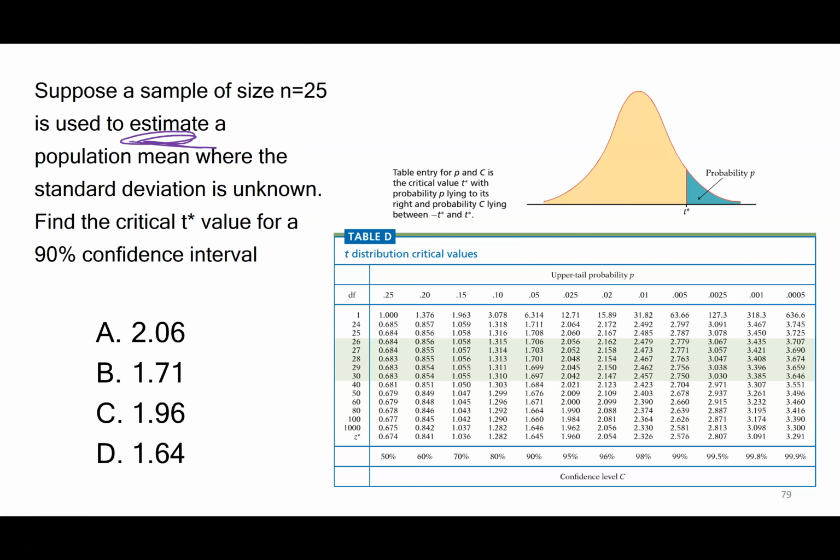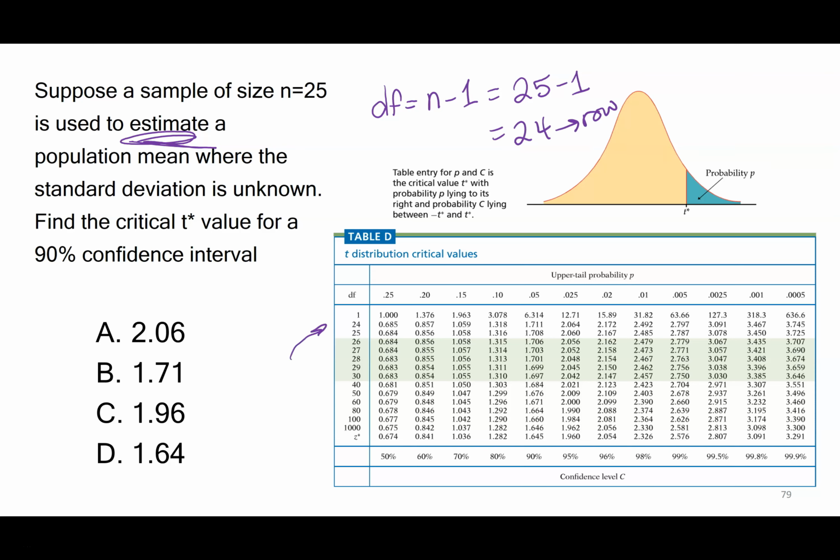So here we want to find the t-star value for a 90% confidence interval. There are two things. My degrees of freedom is n minus 1. So that's going to be 25 minus 1, 24. This tells me what row to use.